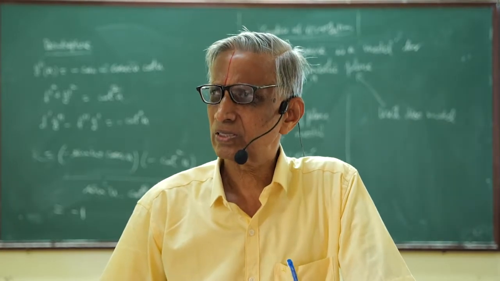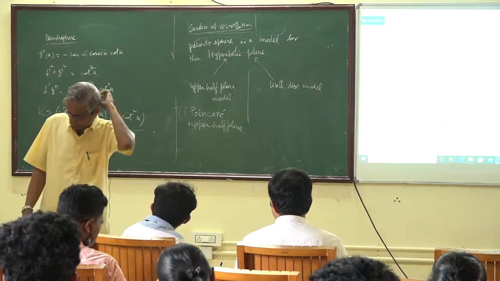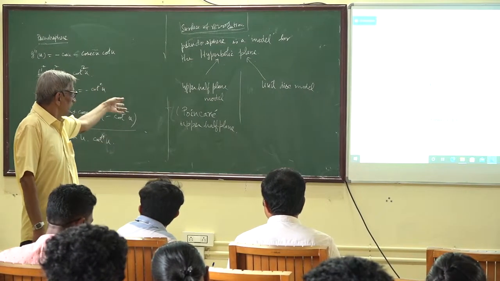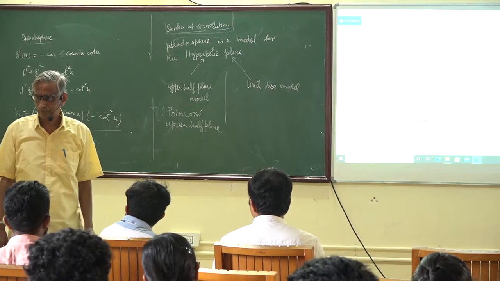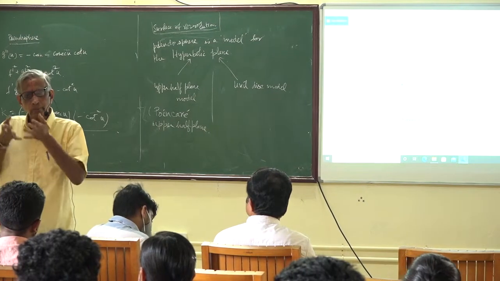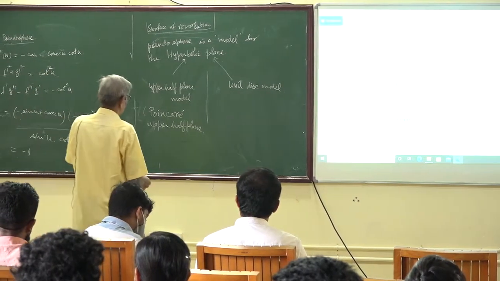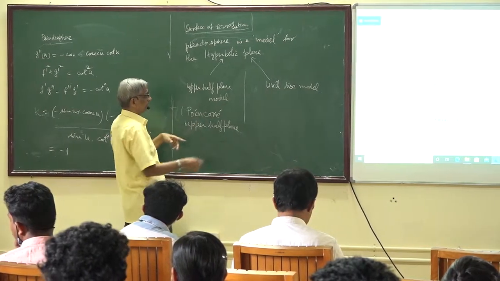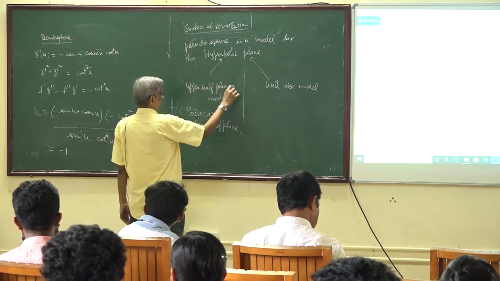Probably it was due to Beltrami. So we'll say something more about this in the afternoon. The upper half plane equipped with a certain Riemannian metric, right? It's called the Poincare metric. Upper half plane H, okay?